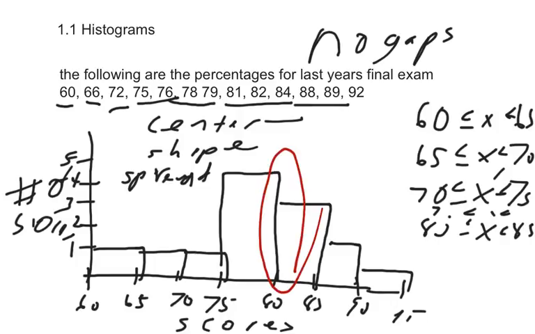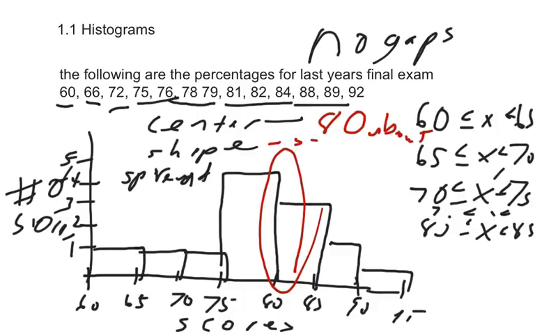Maybe 80, maybe 79. So we're not going to get an exact answer. We're not necessarily going to, in a histogram, say it's definitely going to be. We're going to use our fuzzy words. So we're going to say that it's 80. And if we're writing this out in sentences, we'd say it's about 80.